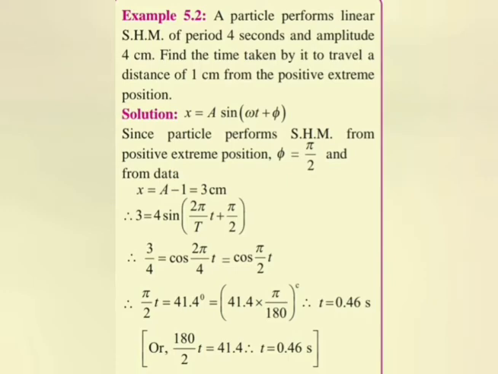When the particle starts to oscillate, it means it has some displacement, and as you know very well, the formula of displacement is x is equal to a sine omega t plus phi. Hope you are clear about it, because this formula we did in the last video. And students, in this condition, when the particle is at the extreme position, the value of phi we are taking is pi by 2.